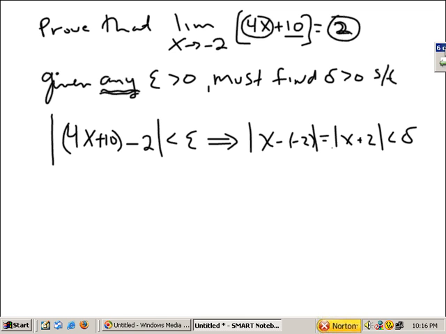So I want to get this to just be the absolute value of x plus 2. Once you start catching on to that, these problems are simple.